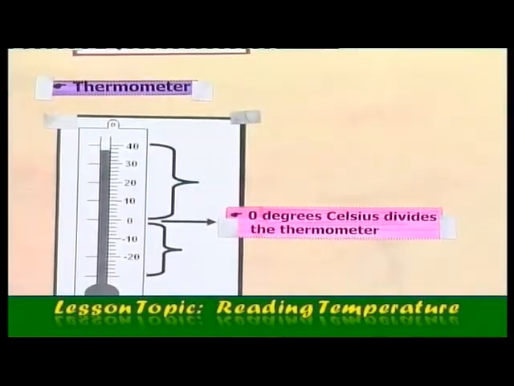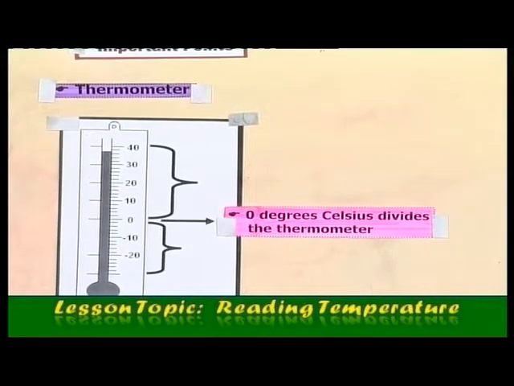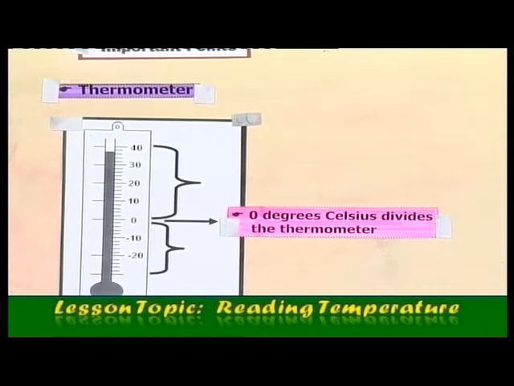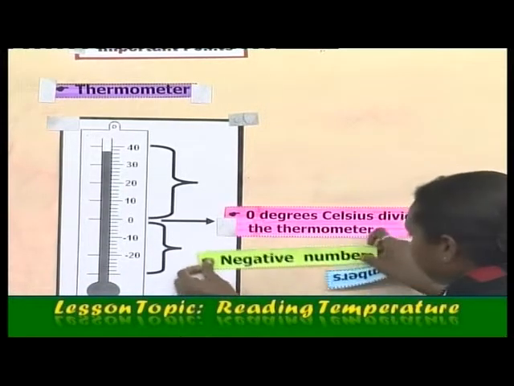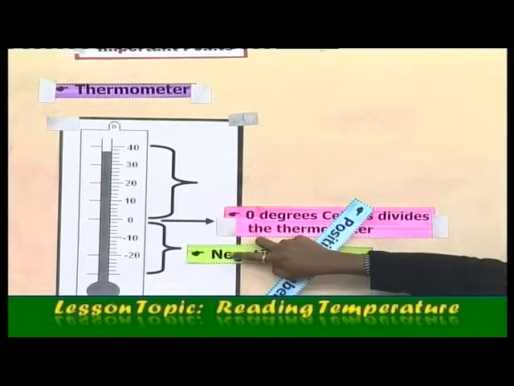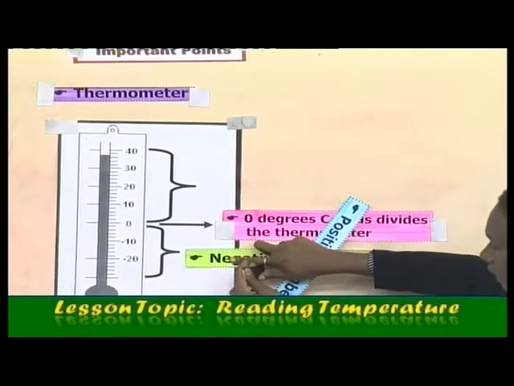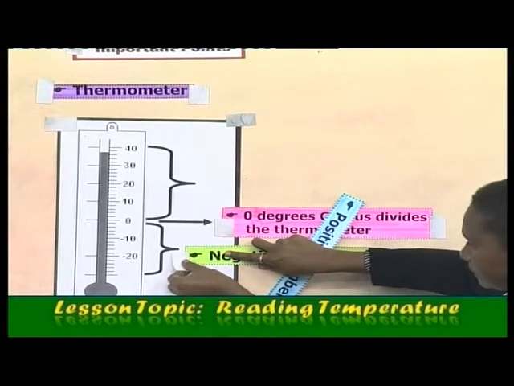Well done. Let's give him 5 big claps. He has answered what I am looking for. The numbers that are going down are negative numbers, because this sign here tells us that it is a negative sign. The minus sign in front of 10 tells us that they are negative numbers.